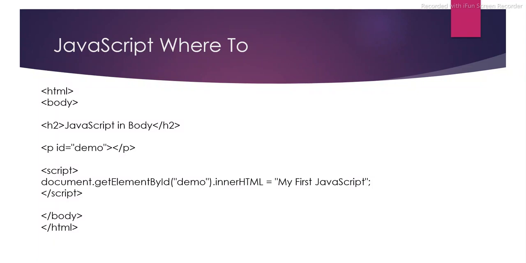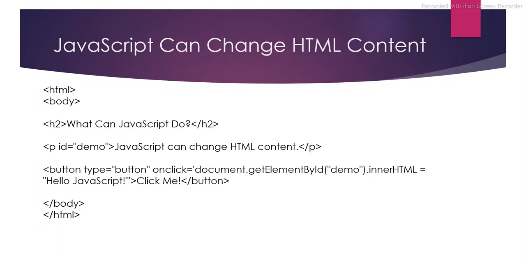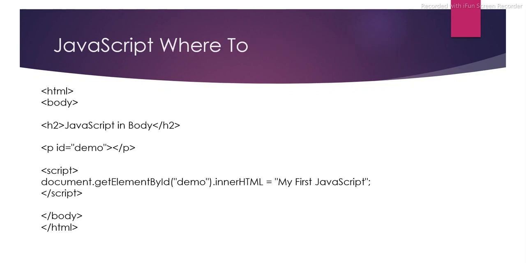Now we'll start with simple programs from JavaScript. This program will show you where to place the JavaScript coding. In the previous demo, there is no scripting written. JavaScript actually has to be written in a tag called script.